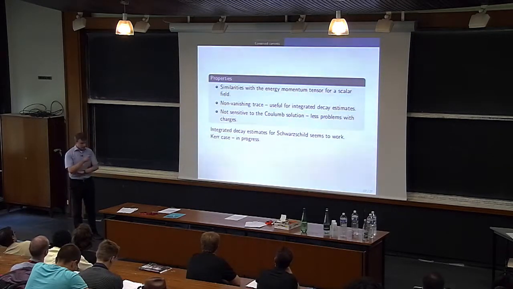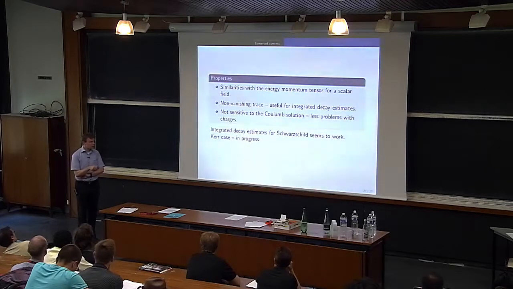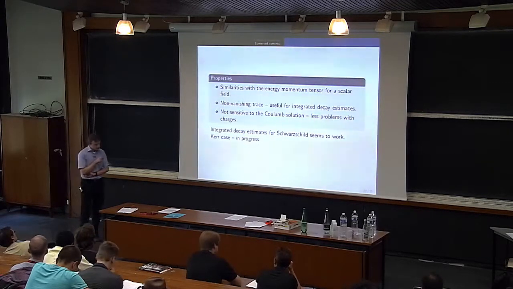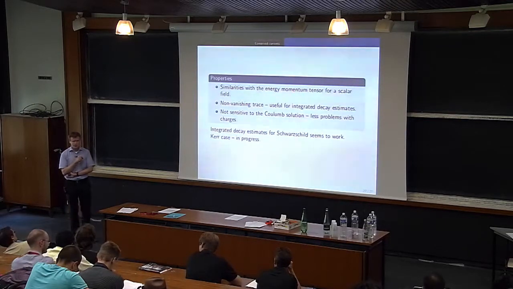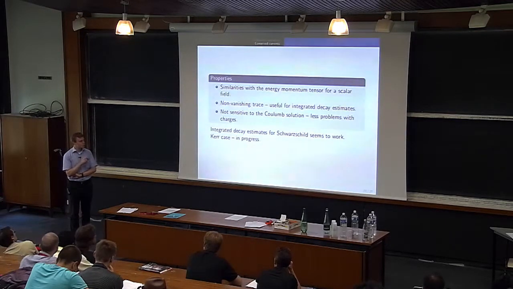We have done some work thus far, mainly for the Schwarzschild case, and these integrated decay estimates seem to work for that case. For the Kerr case, we are still working on it, and the algebra is quite complicated, but hopefully we'll get something out of that very soon. It's still work in progress.